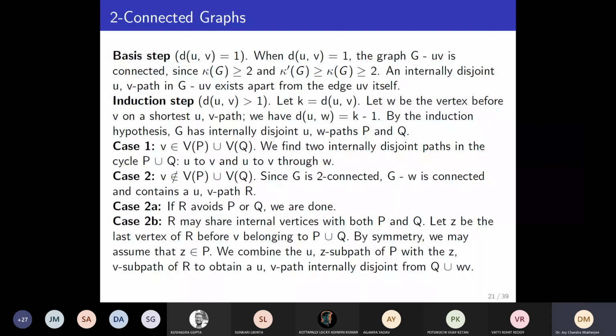So basically, if you delete one edge UV, you always get a second path from U to V. An internally disjoint U-V path in G minus UV always exists apart from the edge UV itself.